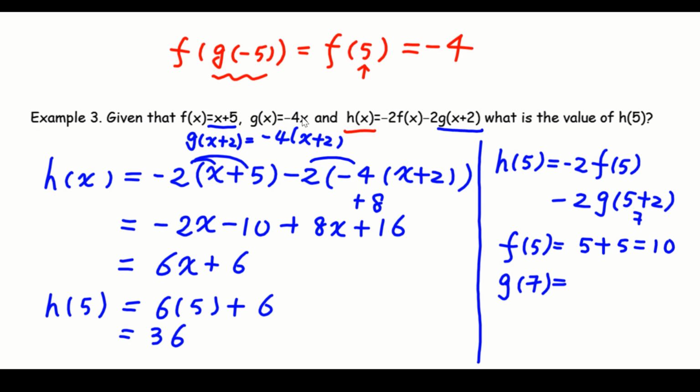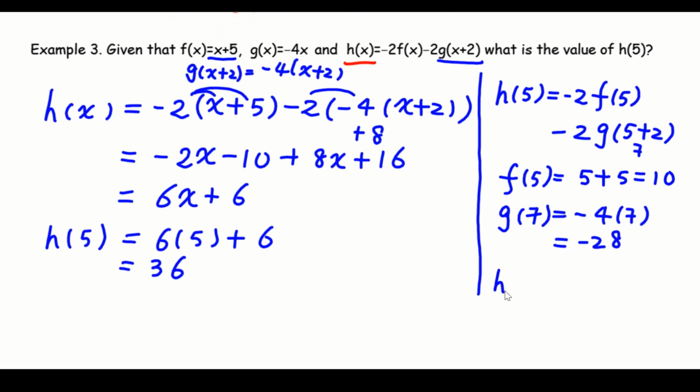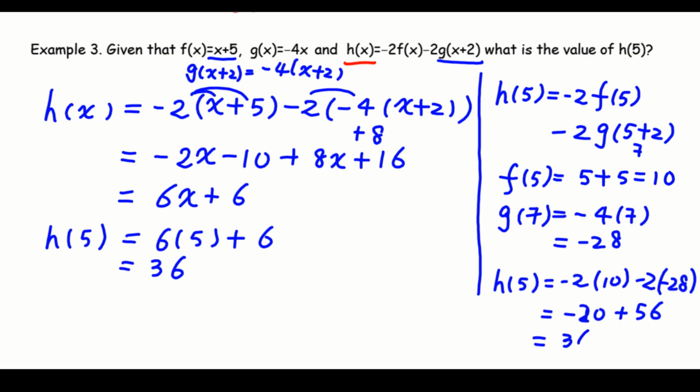And for g at 7, we put in negative 4 times 7, which gives you negative 28. Then we sub into h at 5 equals negative 2 times f at 5, which is 10, then minus 2 times negative 28. You will have negative 10 plus 56, then we have 36, and you will see both methods are correct.